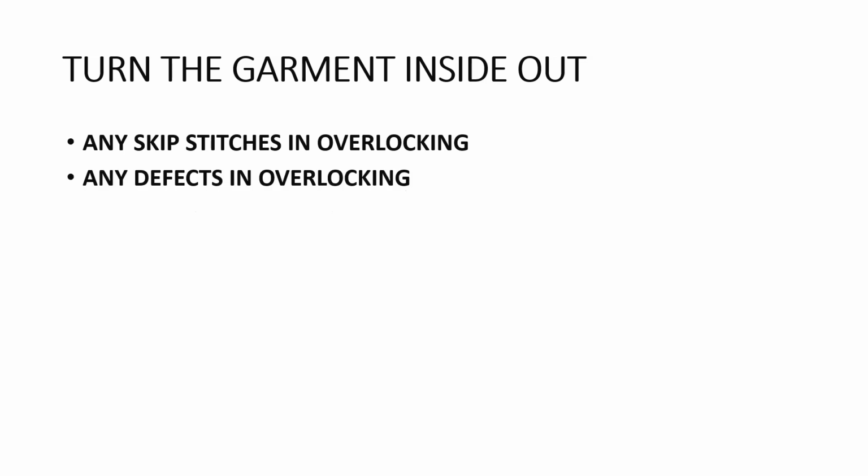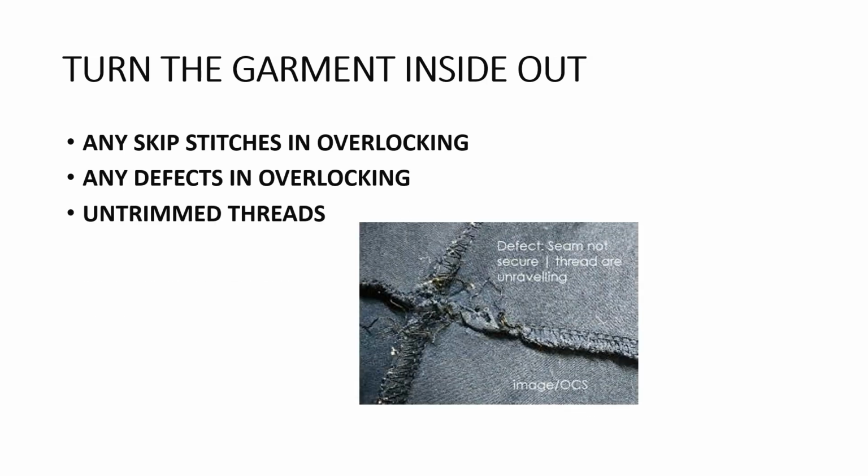Then turn the garment inside out, and you can inspect for skip stitches in overlocking, any overlocking defects, and any untrimmed areas. All these things are to be checked when we turn the garment inside out.